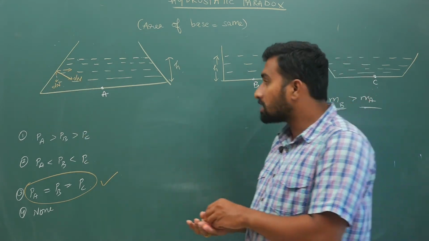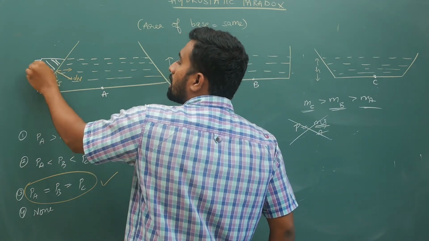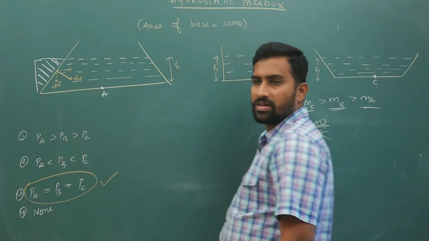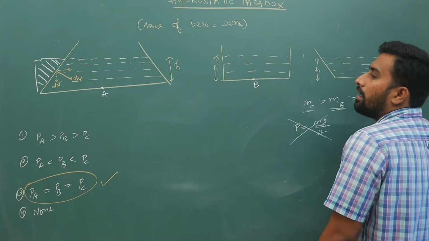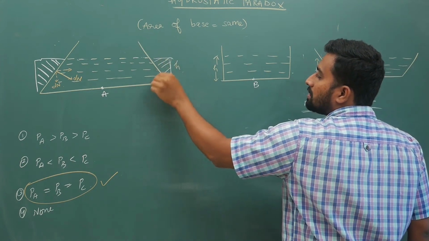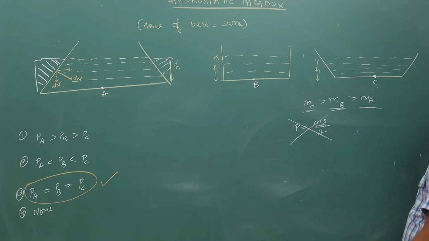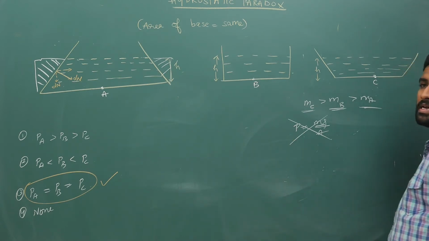So this much portion of the liquid's weight will be compensated by this side surface. On this side also, the missing portion will be compensated by N because of the wall. As a result, the pressure at the bottom will be equal.